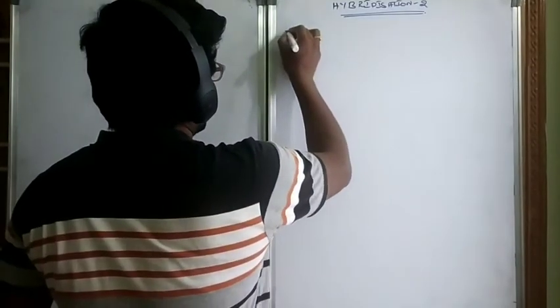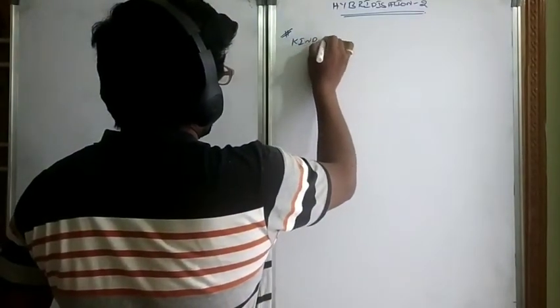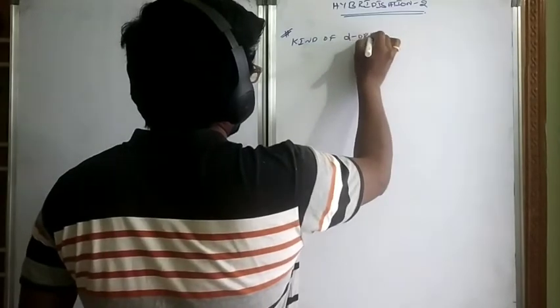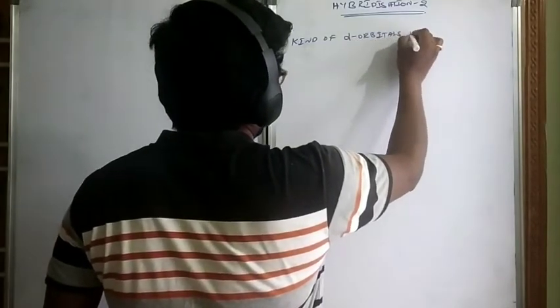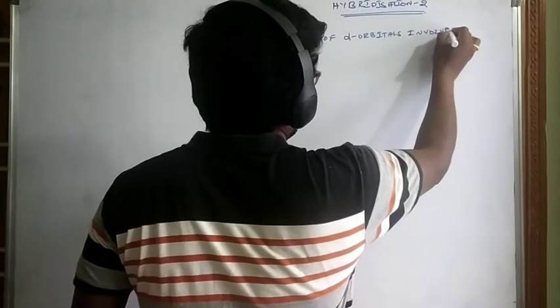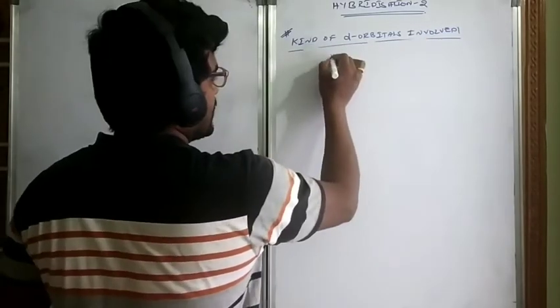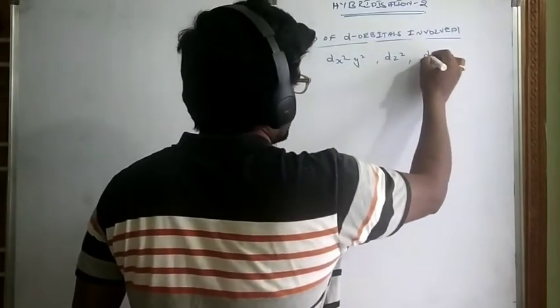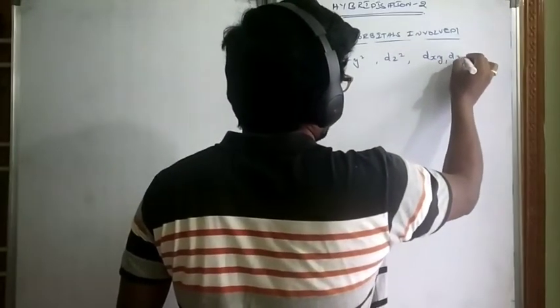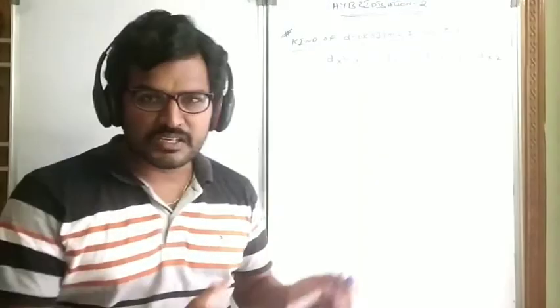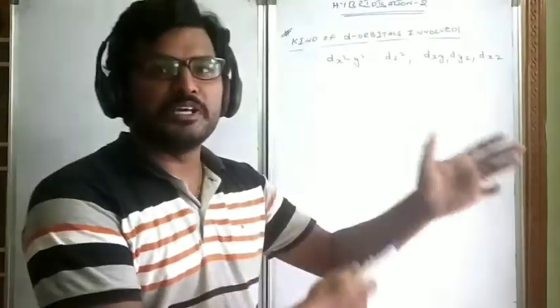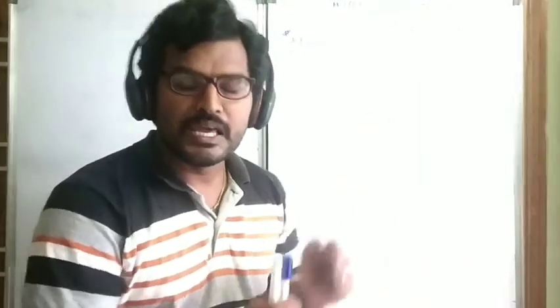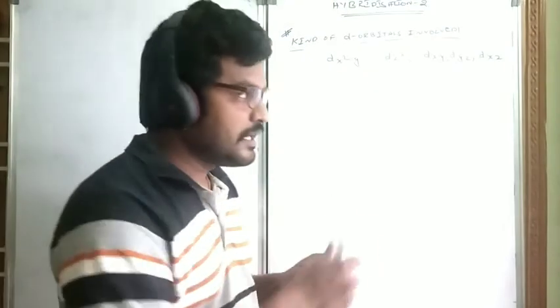We know very well that the d orbitals are dx square minus y square, dz square, dxy, dyz and dxz. So in which hybridization, which orbitals are involved, why they are involved like that, and what is the geometry resulting from the mixing. Let us see.